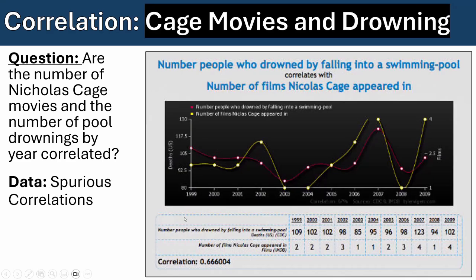There's a website called Spurious Correlations that takes 2 variables across time that clearly aren't causal. Like it's clear that the number of films Nicolas Cage appears in does not cause pool drownings. But they are correlated. If you look across time, you can actually get a correlation coefficient of 0.666.